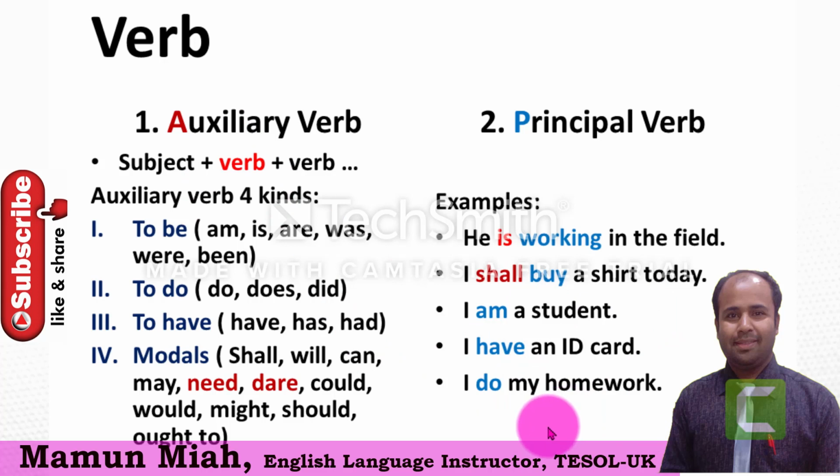Why? Because there is only a single verb, no two verbs. That is why auxiliary verb would be said here principal verb. That means I am a student. Here am, blue in color, principal verb. I have an ID card, have, principal verb. I do my homework, do, principal verb.